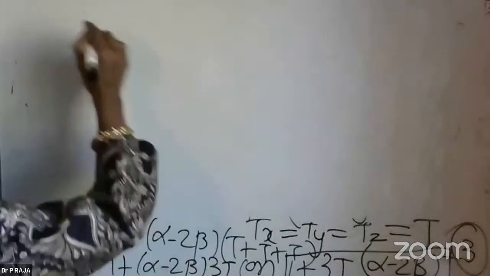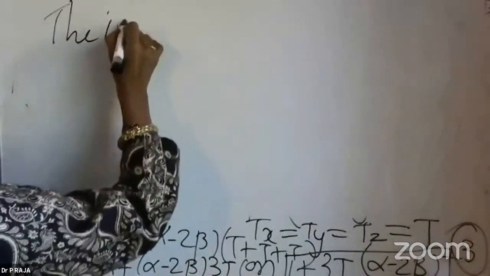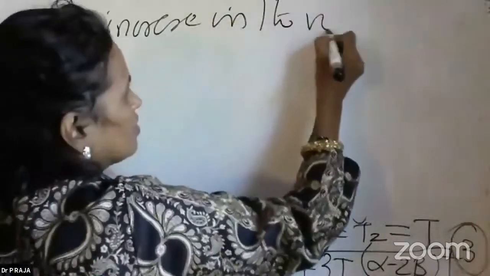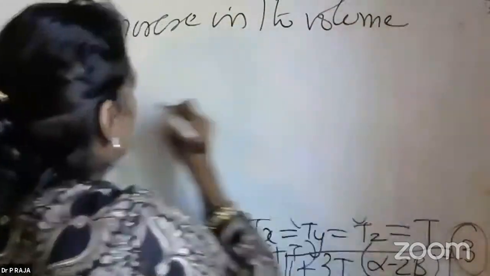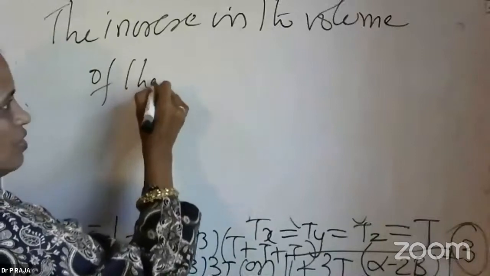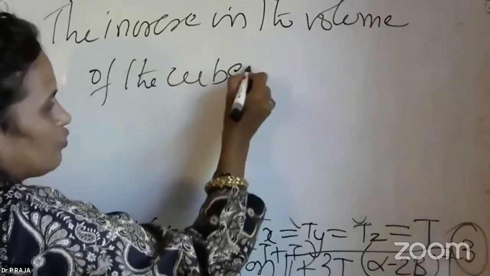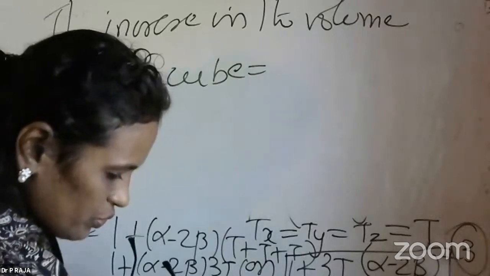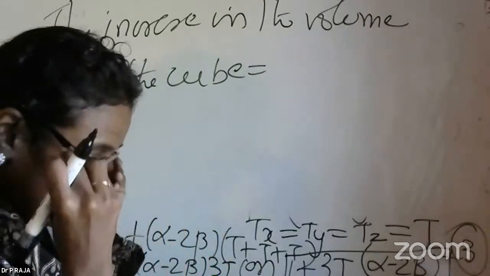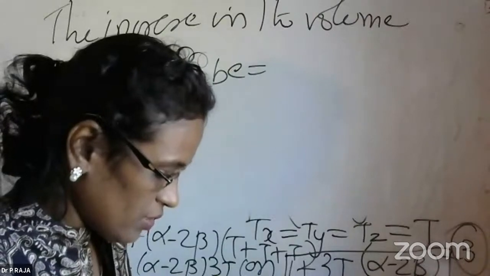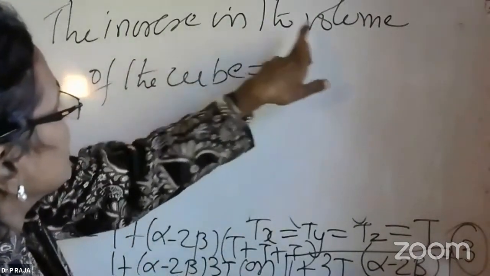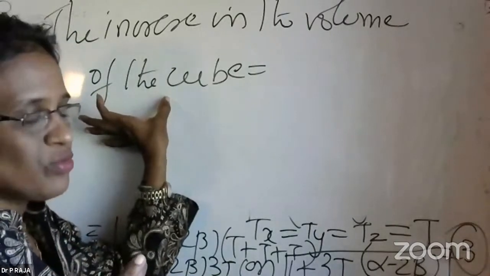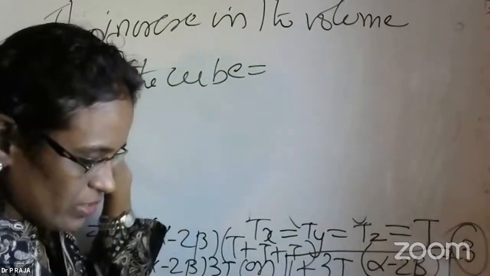I'm going to write it one more time. The increase in the volume of the cube is the difference of the original value and the final value, isn't it?